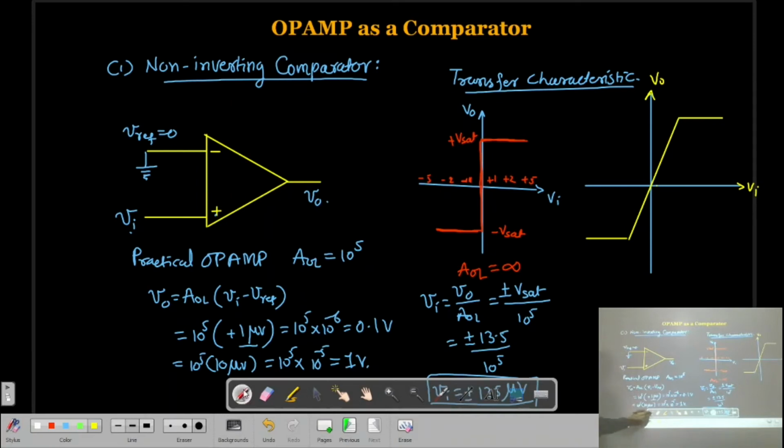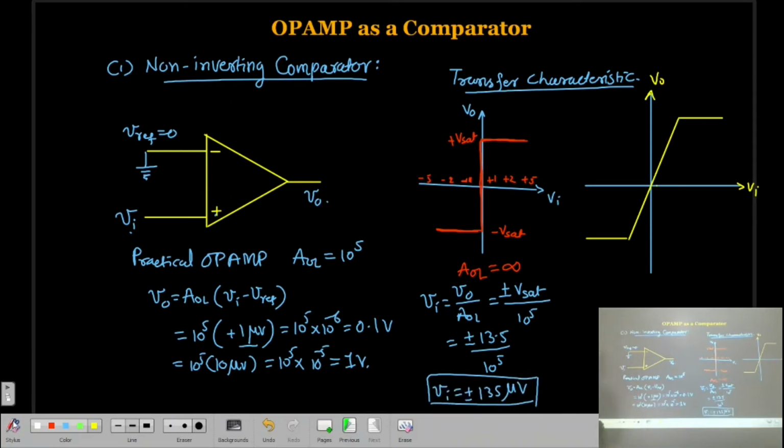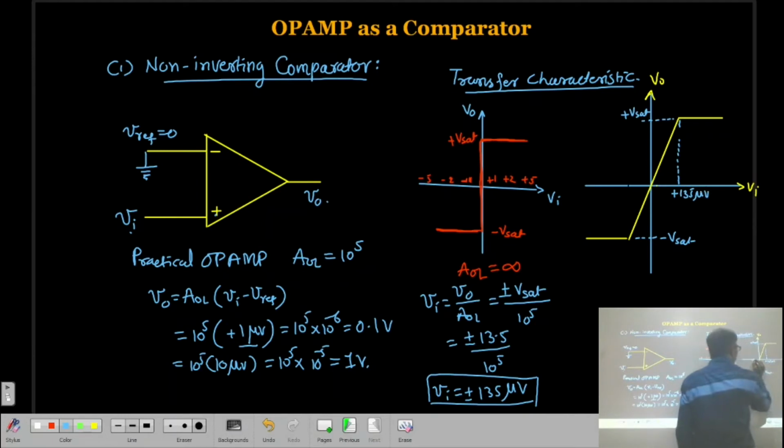So this is known as plus V saturation, and this is known as minus V saturation. And at which voltage is it going to saturate? That voltage is plus 135 microvolt, and here it is minus 135 microvolt.